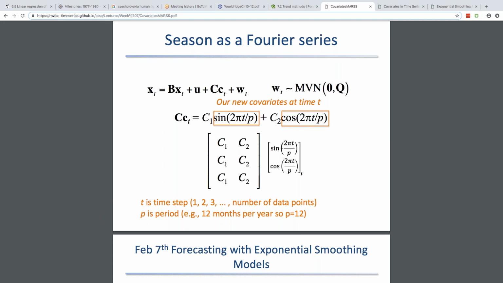And then you have the period that you want. So in this case, the period would be 12 if we had months, but if it was quarter, it would be 4, or if it was 24 hours a day, etc. So now we just have 2 covariates, and we're estimating many fewer parameters.